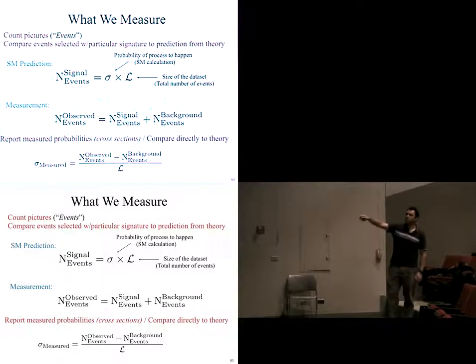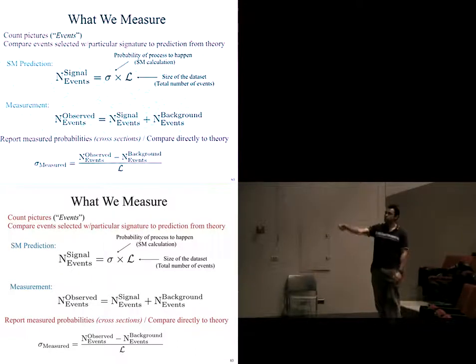Okay, and then what we do is we report the measured probability. So we report what cross sections we measure. This gives the probability, and then this thing can be directly compared to theory. Okay, so you remember that from this equation, the number of events is just this probability times the total data set. So the measured probability is just the number of events that we see divided by the data set, and that's what's shown here.